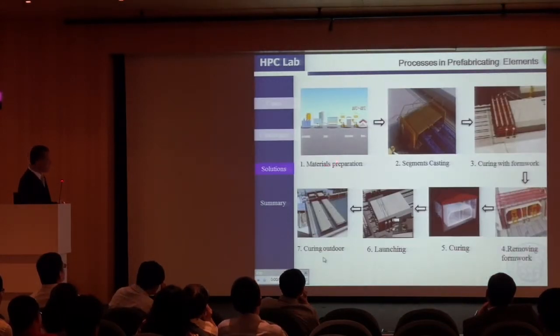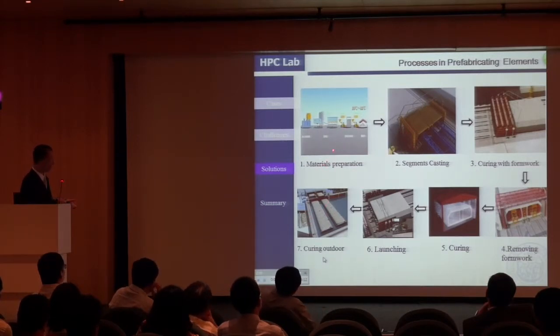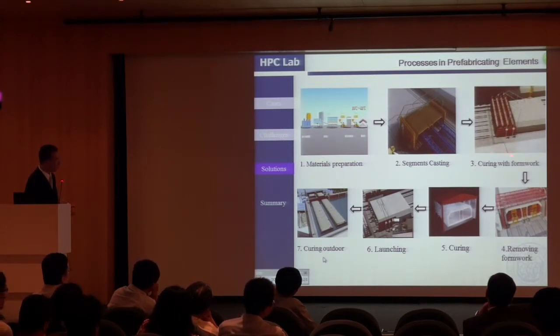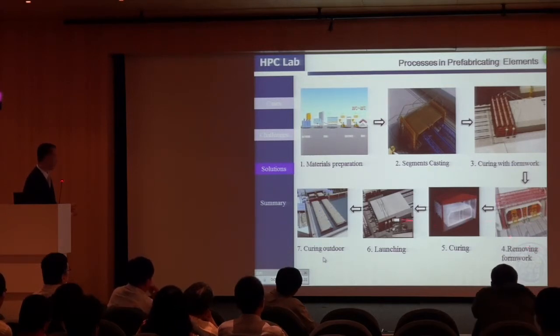During the prefabrication of the segment, to avoid the cracking at early age, the whole process is composed of these parts, like the preparation of the material, the aggregates, cement, and sand, and also water. And the second is to cast the segments and cure with formwork, then remove the formwork and cure inside, and put it outside and cure outdoors.